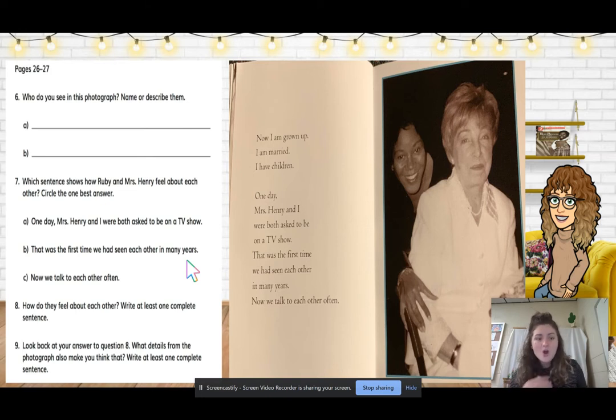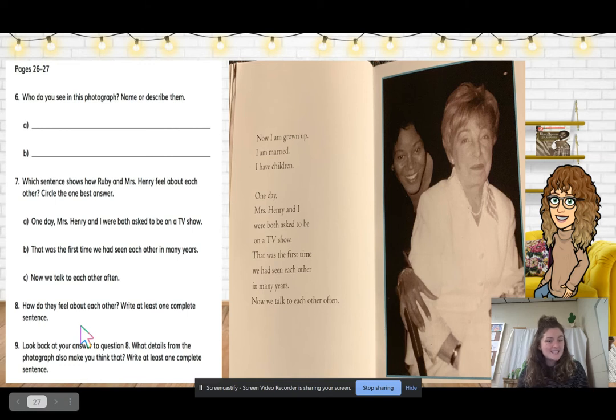Or C, now we talk to each other often. Does that describe how they feel? In the puzzle, you are going to either choose A, B, or C. So letter C is the best option because it tells us how they feel about each other. They love each other so much that they talk often.